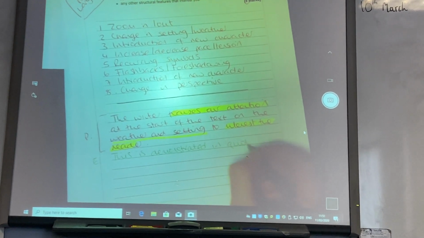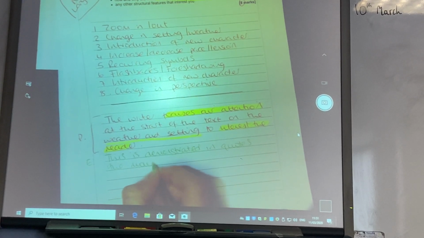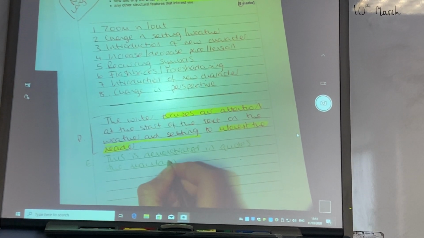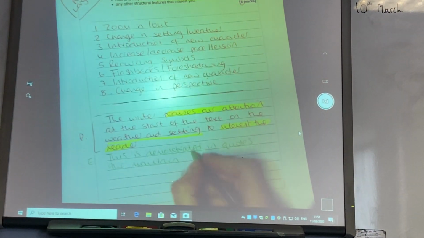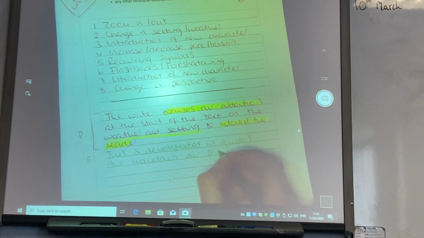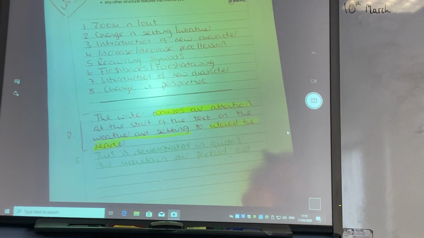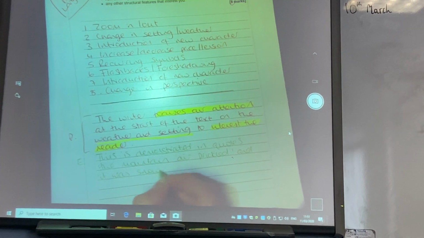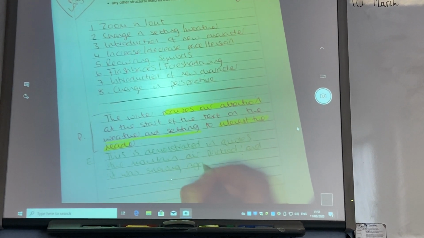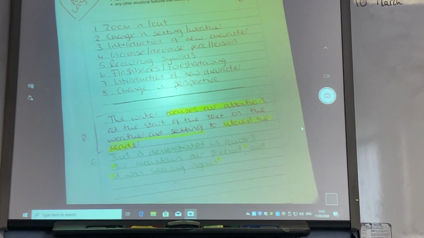In quotes, "the mountain air prickled. And it was snowing again." Don't forget your quote marks, because that's just what you've got to do.